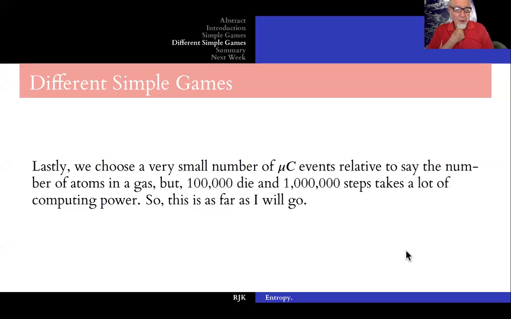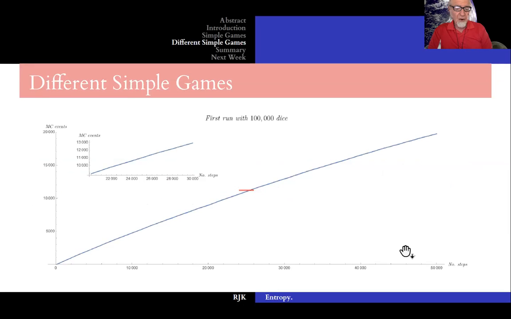Okay, so we have this 100,000 die, and we're going to do 1,000,000 steps to watch how it evolves over time. We're trying to understand how equilibrium works. Even if you take a look at the first small stretch, it still looks pretty small.